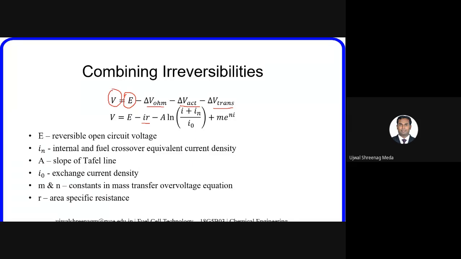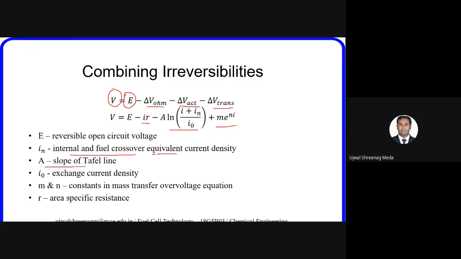The next equation shows the terms that are involved. So IR, the current and resistance. The second part is nothing but the modified form of the Tafel equation. The last one speaks about the concentration loss. Okay, so E is the reversible open circuit voltage or no loss voltage. I_n is the internal and fuel crossover equivalent current density.